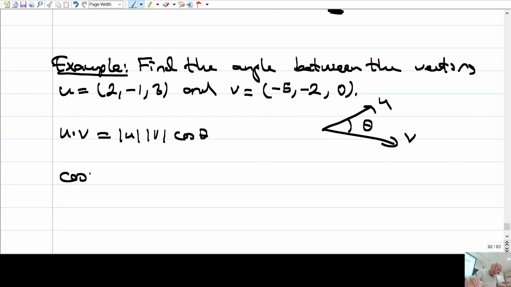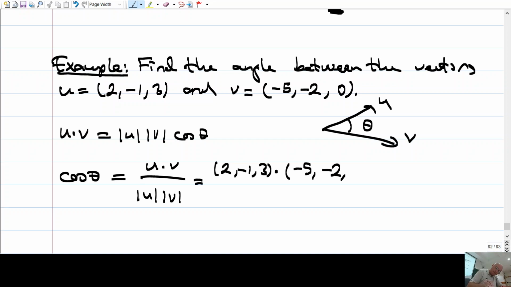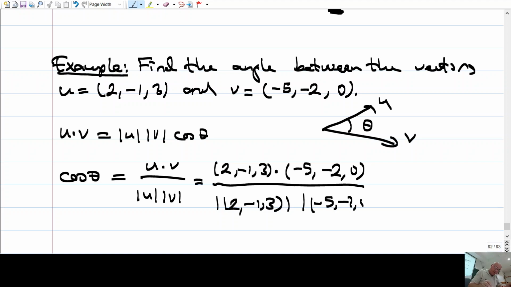So from this, cosine theta is just u dot v divided by norm u norm v. So in our case, these are the vectors, and then you take norm of this and norm of this.